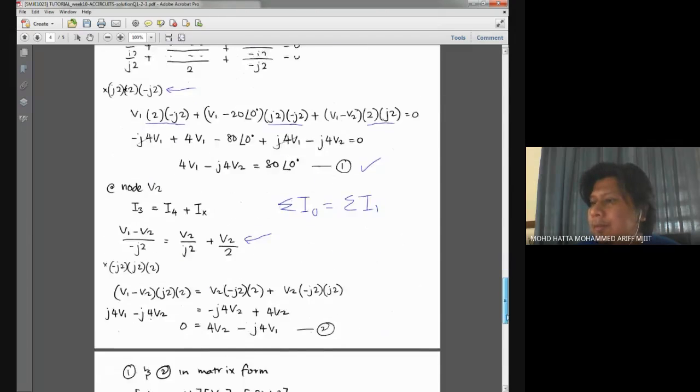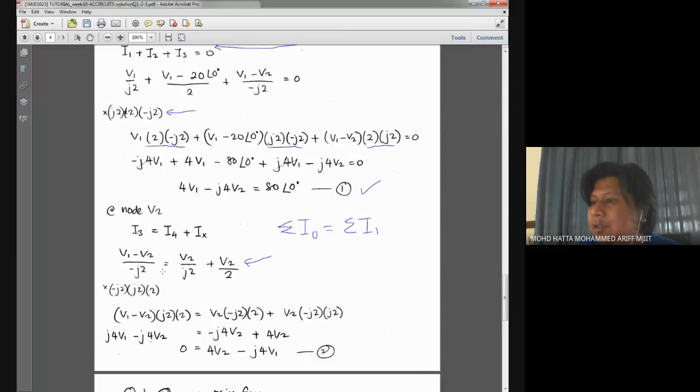So here I am just writing back the current equation in terms of voltages. When I write my current in terms of voltage, I come across a complex number, where in my denominator part I have imaginary terms as well as the real term.